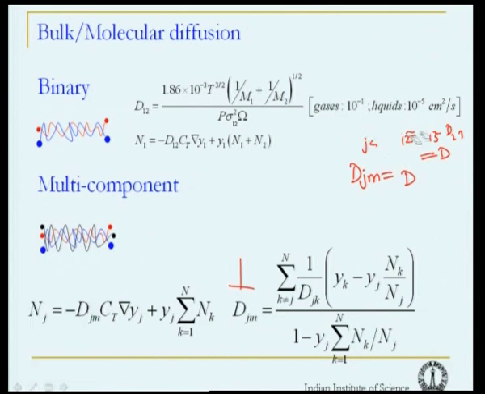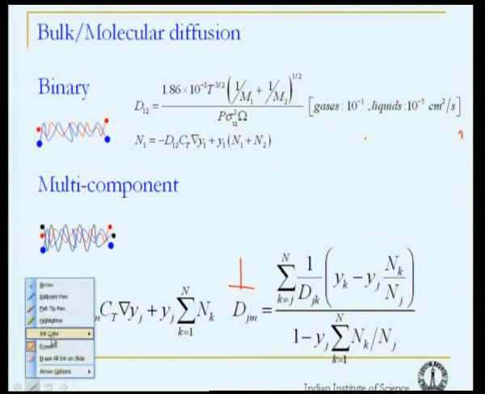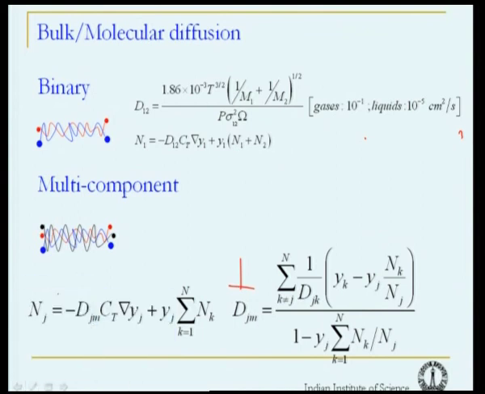The other simplification that is possible is, let us say that we have a mixture where one of the components is dominant. So, let us say that y1 is far greater than y2, y3, y4.